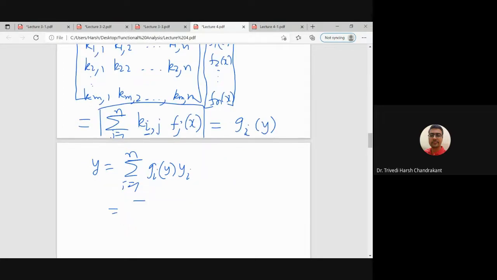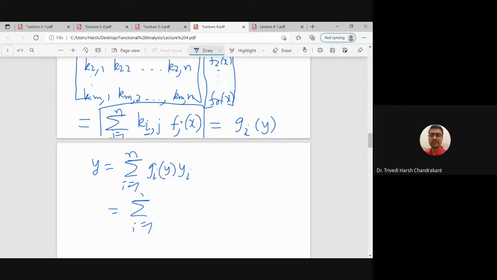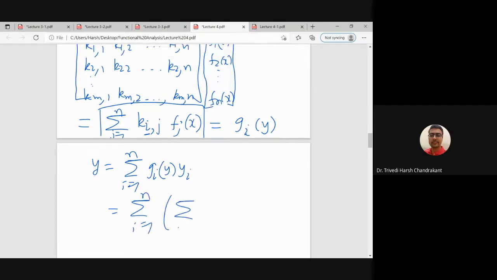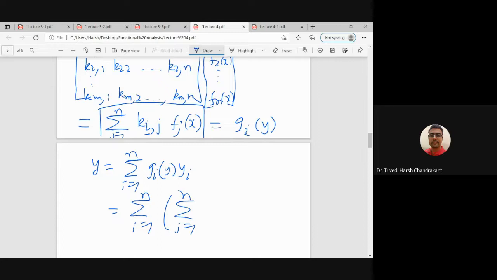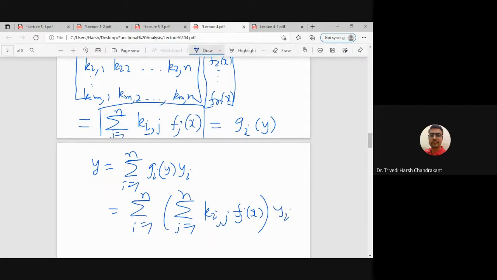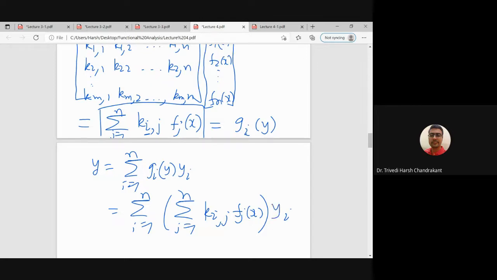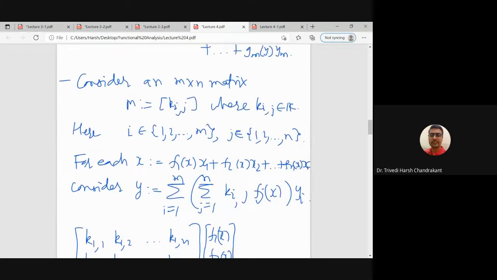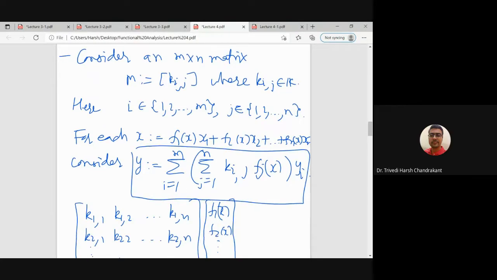So just now substitute this here, so we get summation j from 1 to n of aij fj(x) yi. So that is exactly this vector.